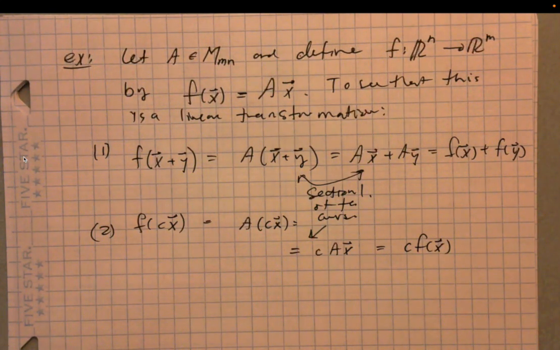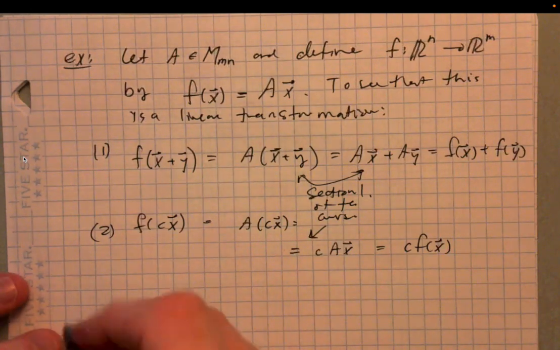All right, very good. So we've talked about what a linear transformation is. We've done a number of examples of linear transformations. We've talked about linear operators and done a bunch of examples of linear operators. Now let's talk about some additional properties of linear transformations.